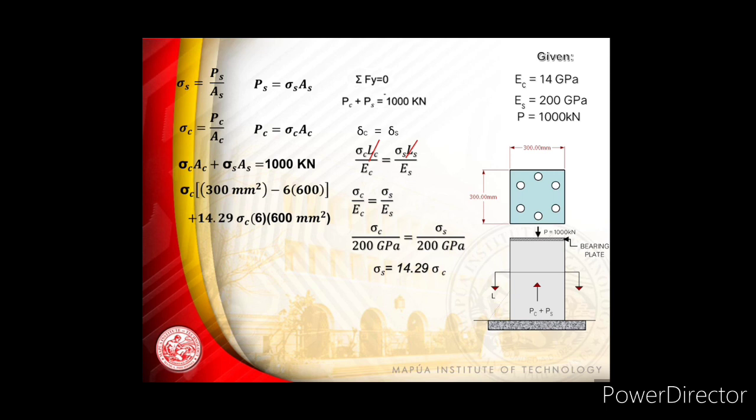So 6 times 600 is the area of the steel. Simplifying, you are left with the stress of the concrete equivalent to 7.25. Therefore, the stress of the steel is equivalent to 14.29 times 7.25, which gives you the stress of the steel equivalent to 103.67 megapascal.